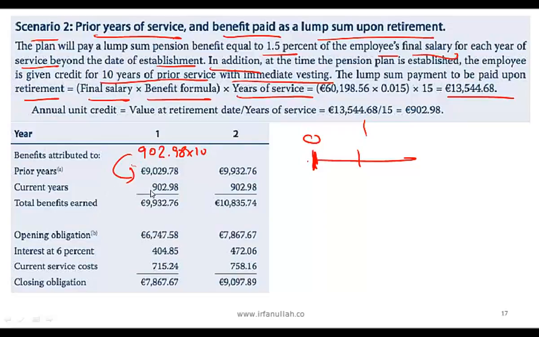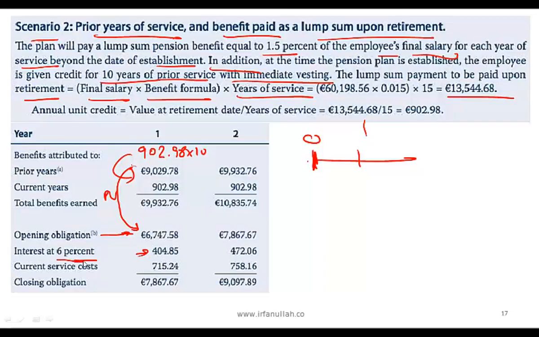Then for year 1, how much does the employee earn? The same amount. So opening obligation, where's this number coming from? 6747. This is the present value of the 9029 number. What about this number?